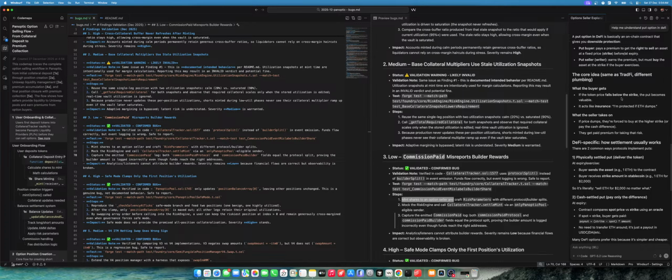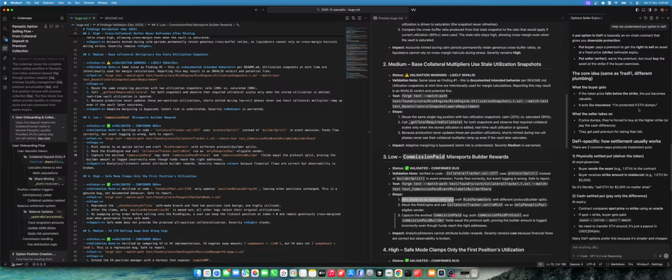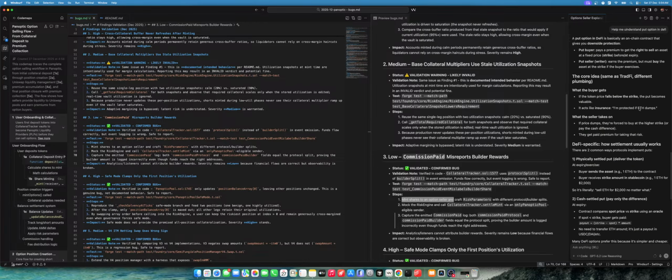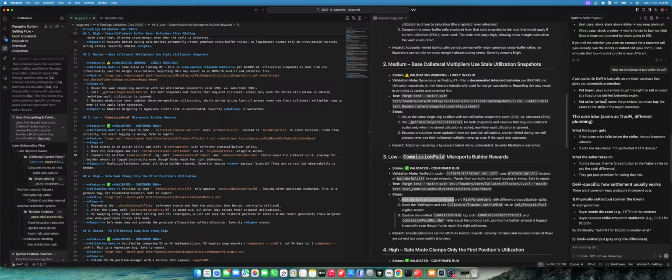If the token price is below the strike, the put becomes valuable. Oh, that's too much, dude. Put buyer.